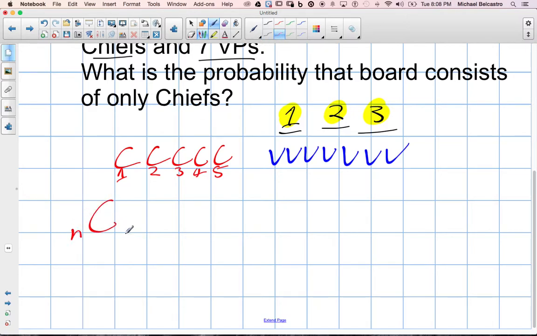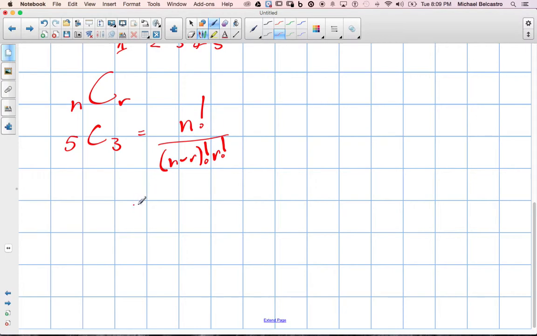Combination is nCr, n choose r. There's a total of 5 guys and we need to choose 3 of them. It's usually written as n factorial over n minus r factorial times r factorial.